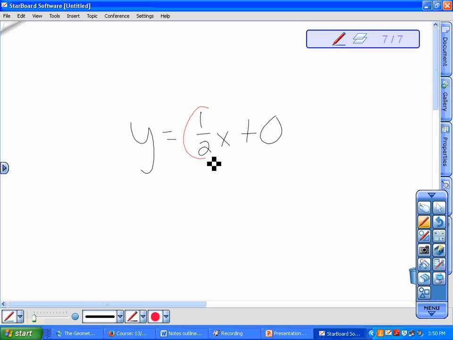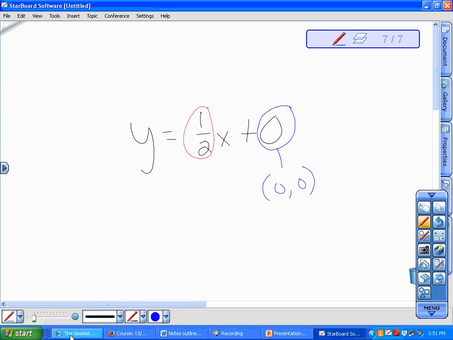The slope for this equation would be 1/2, and the y-intercept for this equation is going to be at (0, 0). If the constant term is missing from a given equation, the y-intercept will always be at (0, 0).